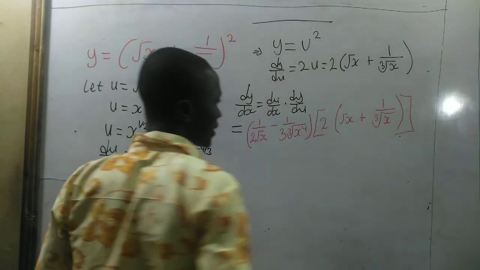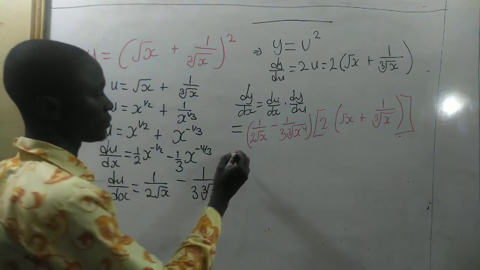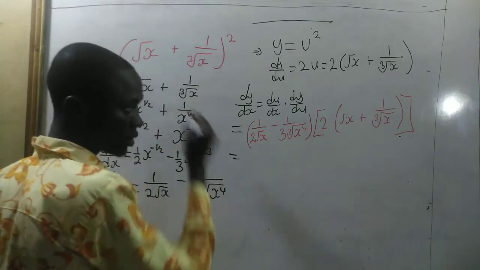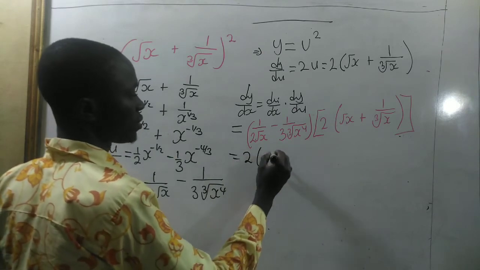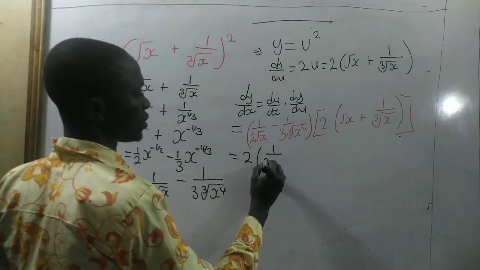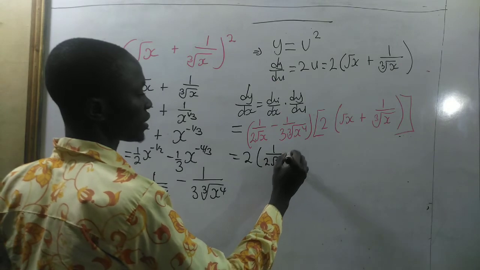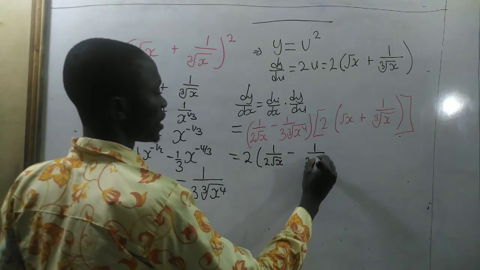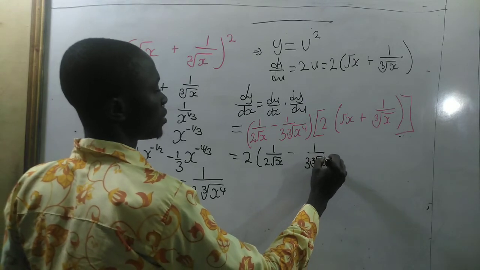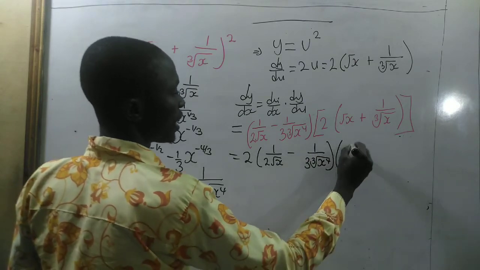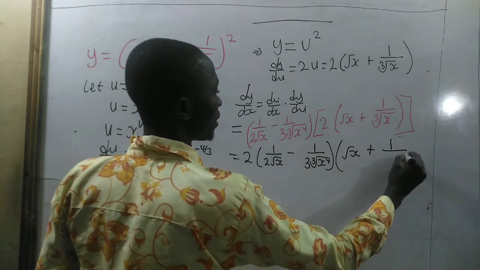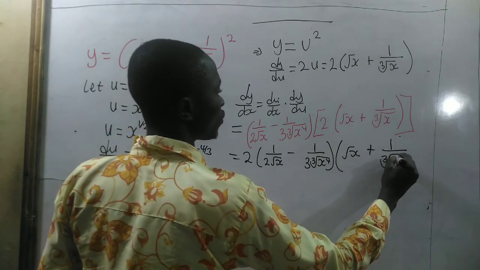Very simple as that. Yes, so here these two will come out. So you're having 2 times 1 divided by 2 root x minus 1 on 3 times the cube root of x to the power 4, times root x plus 1 divided by the cube root of x.